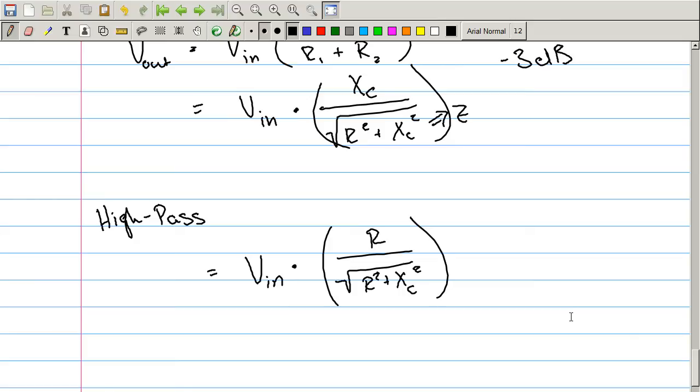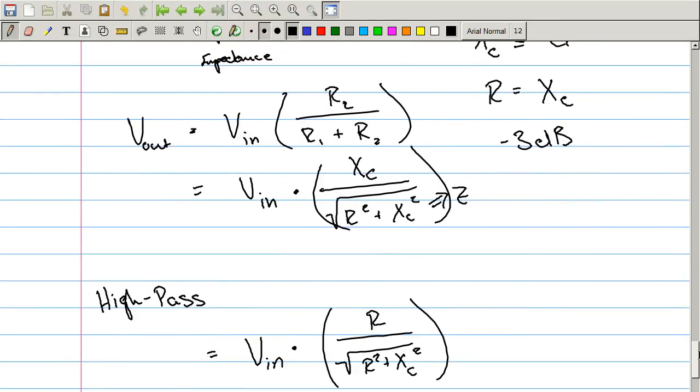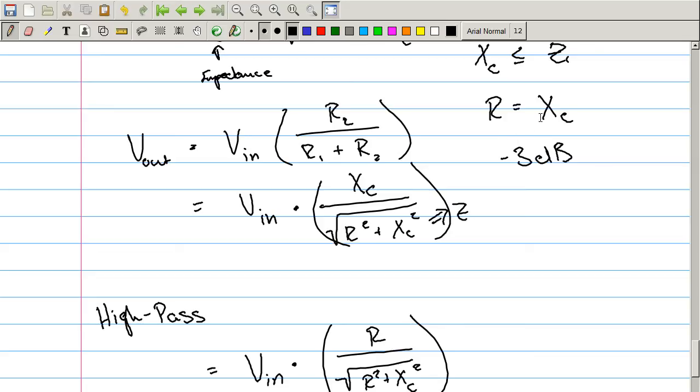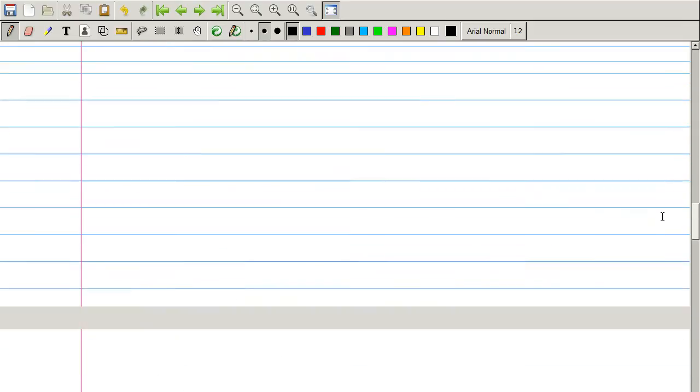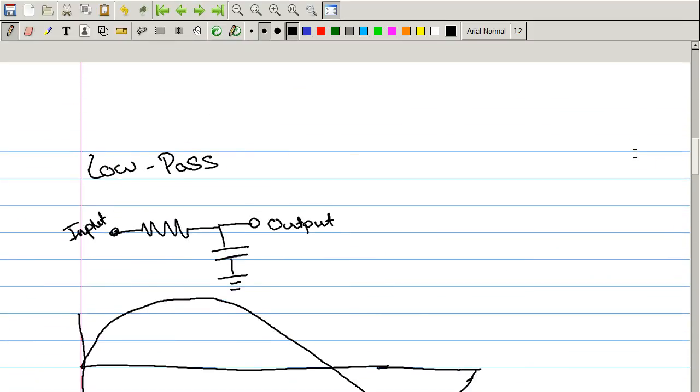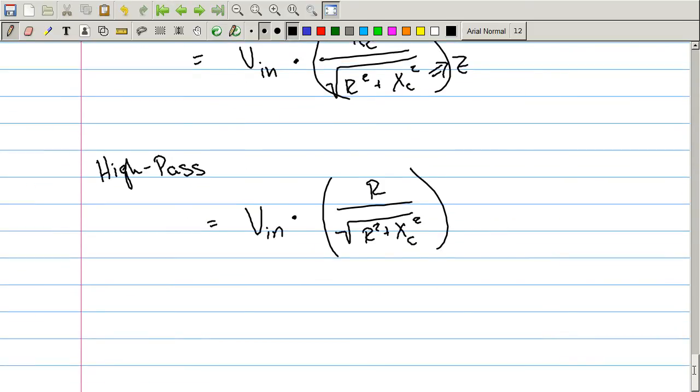When does this start to attenuate or reduce the amplitude of unwanted frequencies? When the resistance is equivalent to the reactance of the capacitor. So yeah, that's the mathy bit as to why RC filters work the way they do. Personally, I prefer the intuitive block and flow, but you've got to do math at some point.